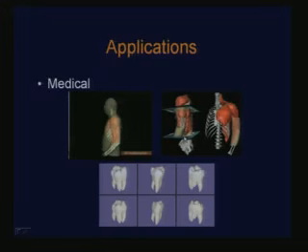Similarly, we also have applications in medical areas. Here it is shown that we can use computer graphics as building tools which allow you the visualization of various parts or organs in the human body.